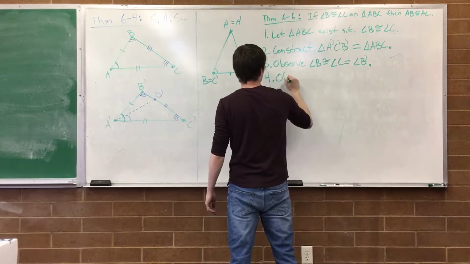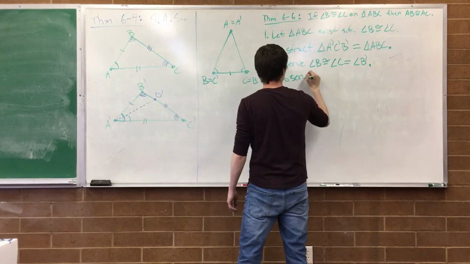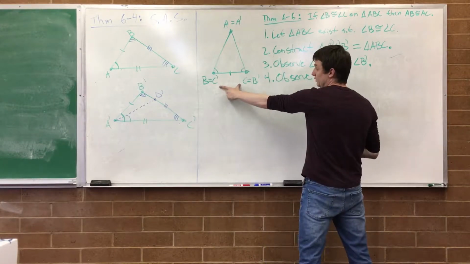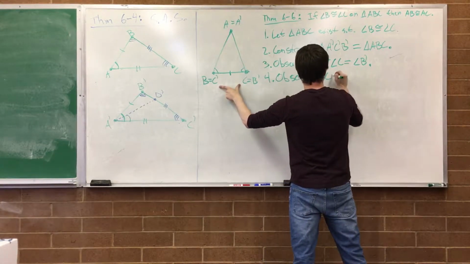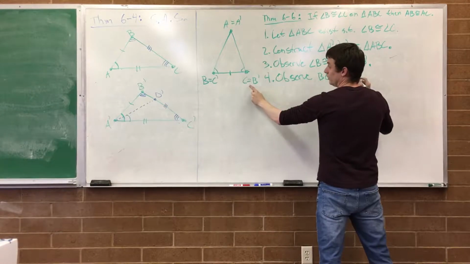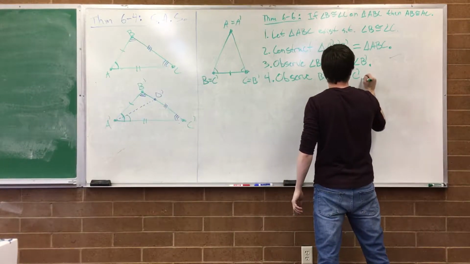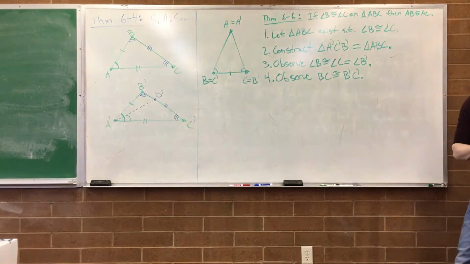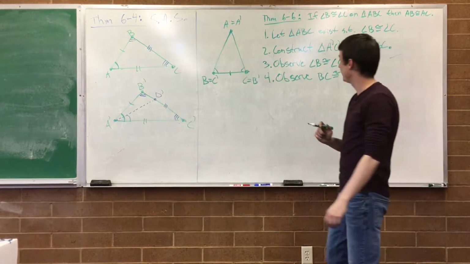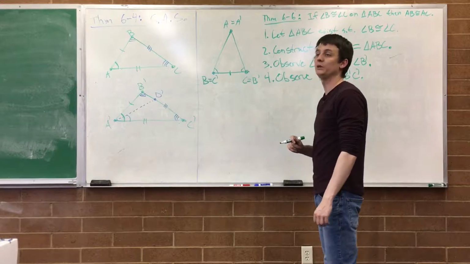Observe BC is congruent to B prime, C prime, because they're the same segment, right? Doesn't matter the order for the segment. Segment AB is congruent to segment BA.